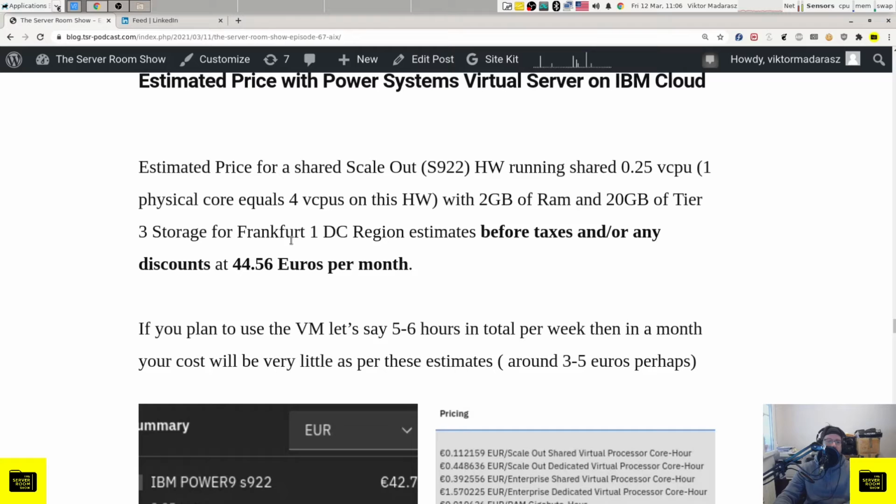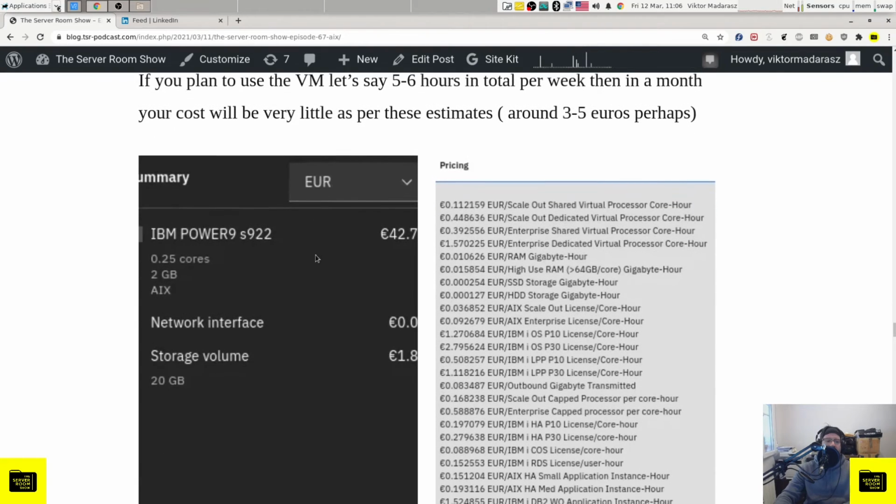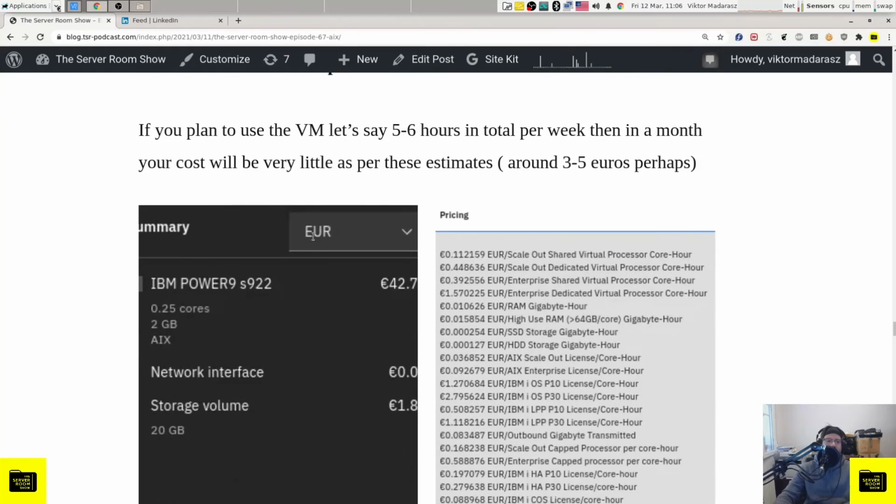For me from Spain, before taxes and before any discounts, it is estimated at nearly 45 euros per month, plus any VAT on top.